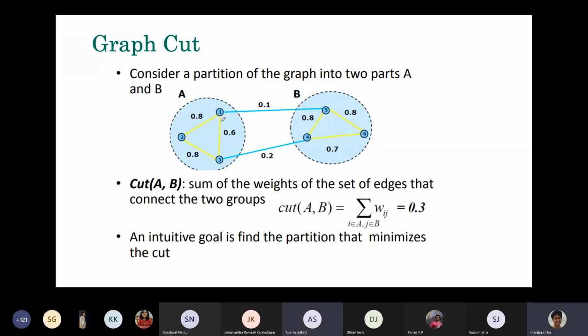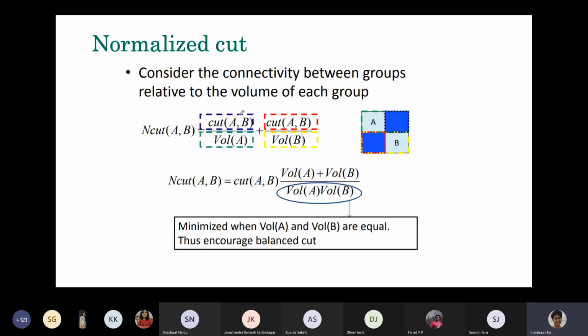Yes, ma'am, got it. That's why it became 4.7 and 4.9. Is it all clear till now? Yes, ma'am.